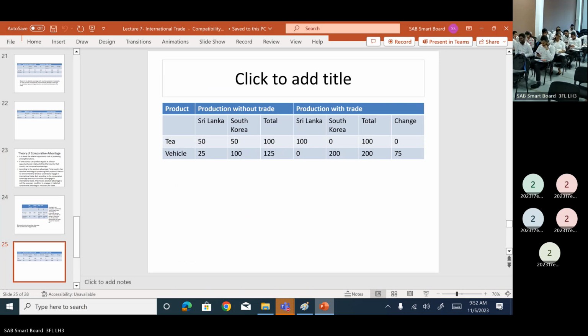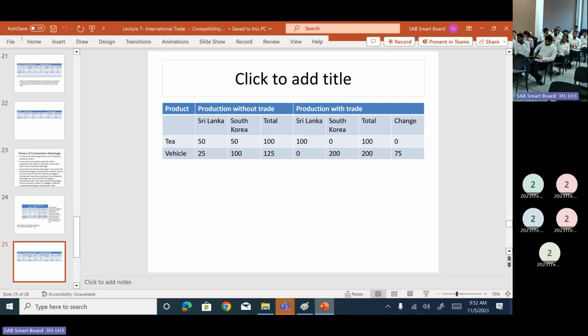So what is the change? Now here 50 to 25, and 50 and 100. Before the trade, Sri Lanka produced 50 units of tea and 25 units of vehicles. South Korea, 50 units of tea and 100 units of vehicles, in total 125. With specialization, Sri Lanka 100 units, and South Korea specialized 200.